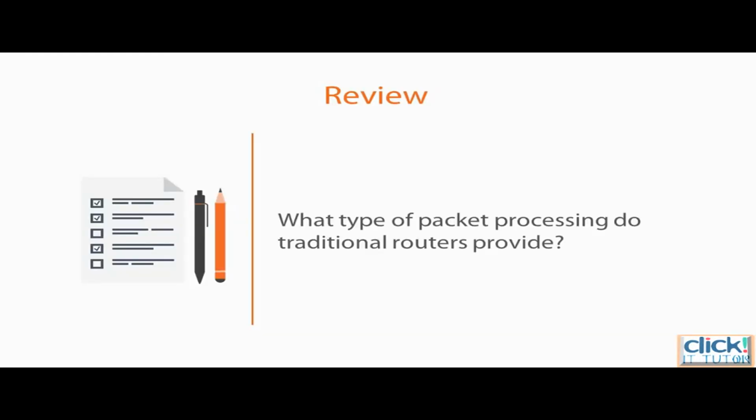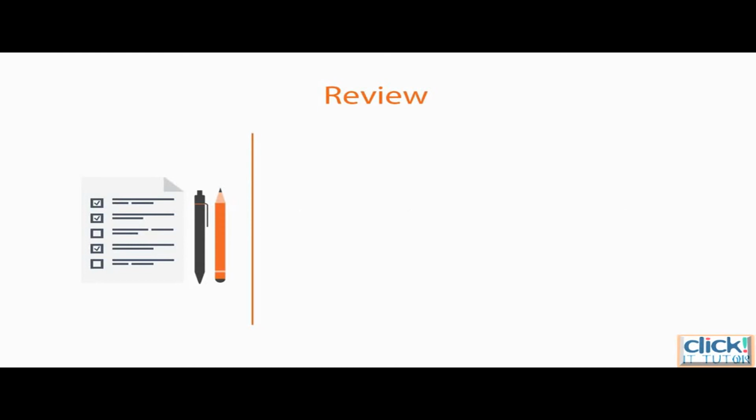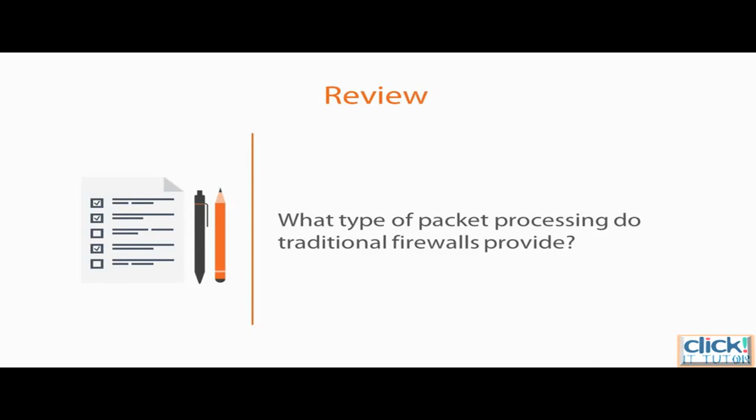So let's review. What type of packet processing do traditional routers provide? Well, traditionally, routers process packets on a per-packet basis. What type of packet processing do traditional firewalls provide? Well, traditionally, firewalls process packets based on stateful flows.